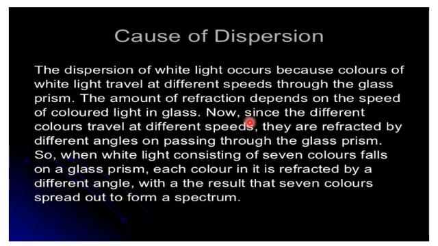Now, since the different colors travel at different speeds, they are refracted by different angles on passing through the glass prism. So when white light consisting of 7 colors falls on a glass prism, each color in it is refracted by different angles, with the result that the 7 colors spread out to form a spectrum.